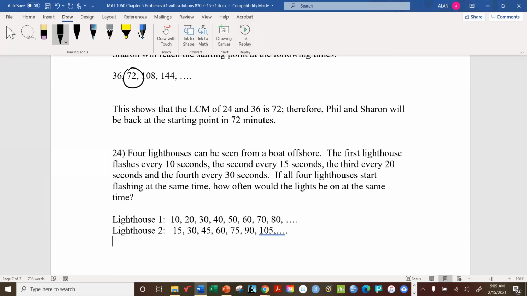That's probably good enough. Lighthouse 3 is going off every 20 seconds. So that's going to happen in 20 seconds, 40, 60, 80, 100, 120. And then finally, we have lighthouse number 4, which goes off every 30 seconds.